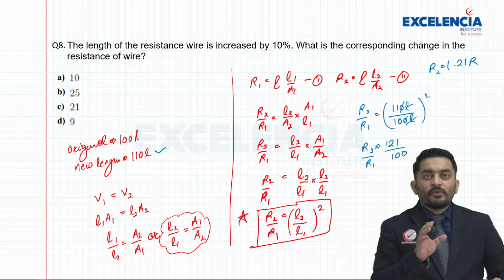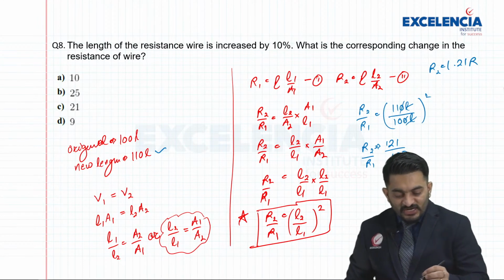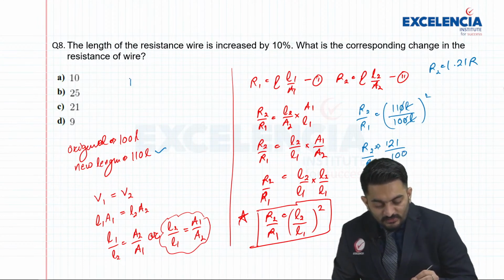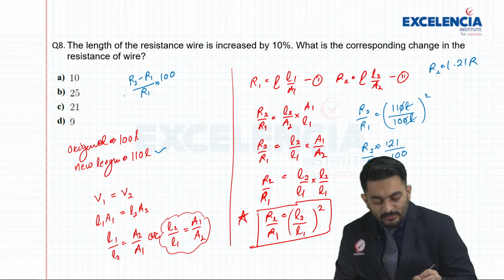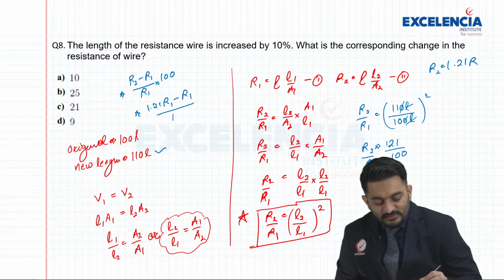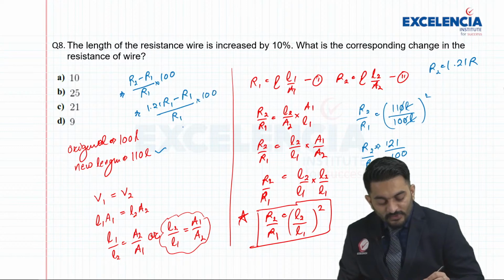You're getting my point? The question says the change means R2 minus R1 upon the original value multiplied by 100. So when you do R2, which is 1.21 R1, and R1 is as it is, this is also R1, and then multiplied by 100, what do you get? 0.21 R by R into 100.